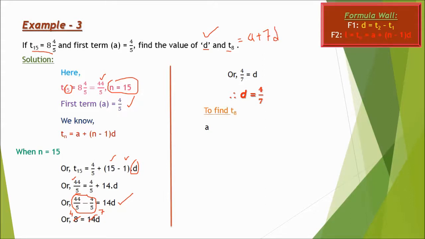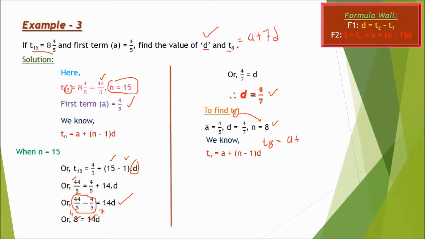Now to find T8, we have the value of a equal to 4 by 5, and we have the value of d equal to 4 by 7, which we just found. Now, we know that directly T8 is equal to a plus 7d.